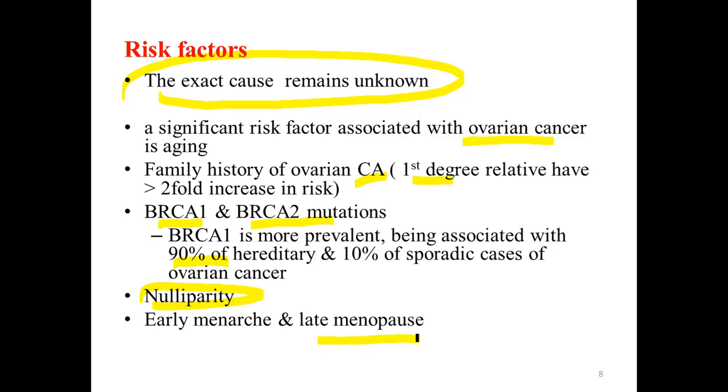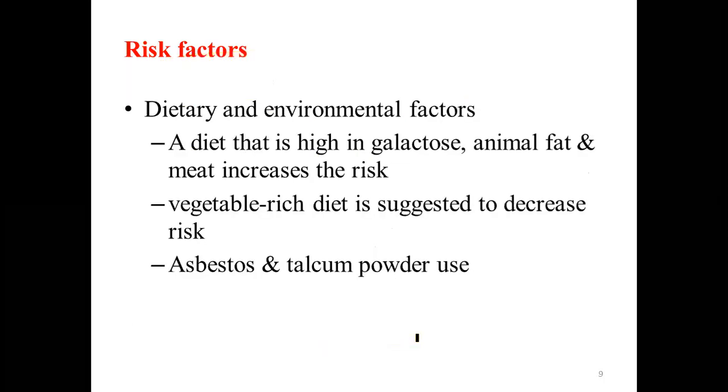Because of that, you can imagine this can also increase the risk of ovarian cancer. So this is something you're supposed to note in terms of risk factors. Otherwise, there is no single risk factor that is linked to ovarian cancer. Those are the only factors that can be correlated to ovarian cancer.